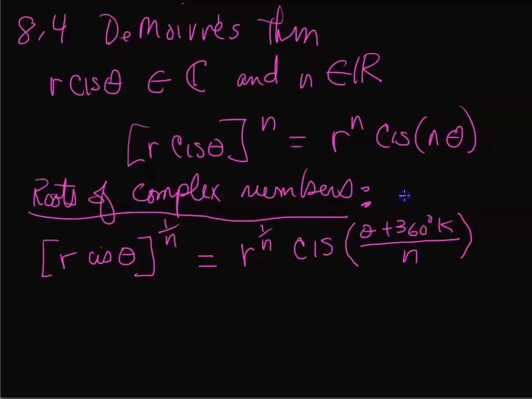You could also use 2 pi here, 2 pi k, if you don't want degrees. K is going to change. It's going to go from 0 to 1 to 2 to 3 up to n minus 1. So if it's 3, it'll go 0, 1, 2. It'll still give you 3 roots, but k will count starting at 0. So what does this mean for roots? That means you'll get all of the roots. You'll have to do this 3 times, 4 times, 5 times.